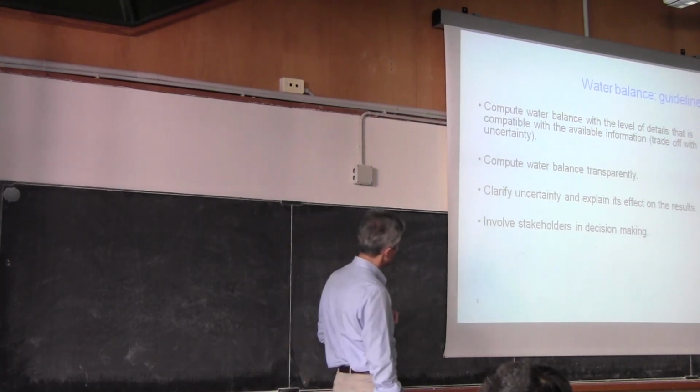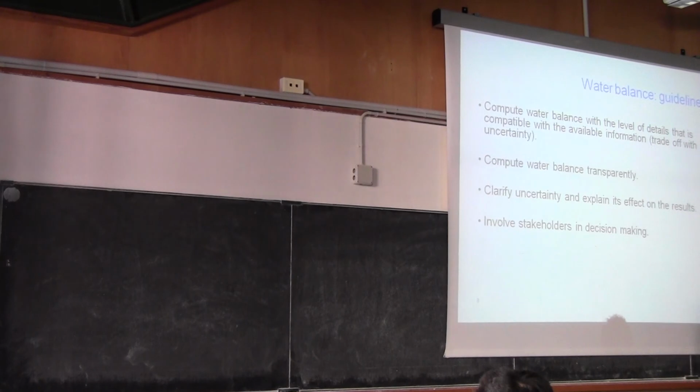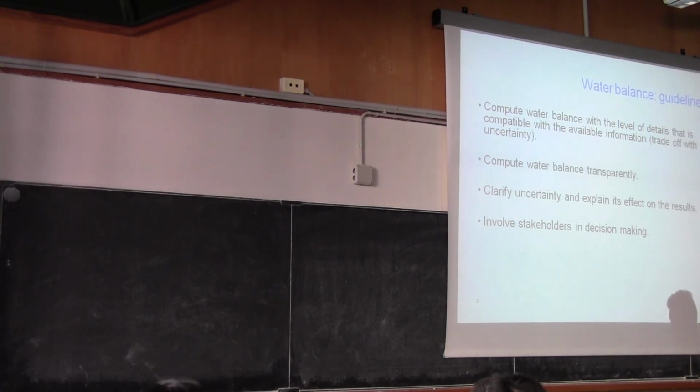And level of detail also means the spatial resolution. Should I model the water delivery at any single house, or should I divide the city into districts, and then stop at the level of detail of the districts?